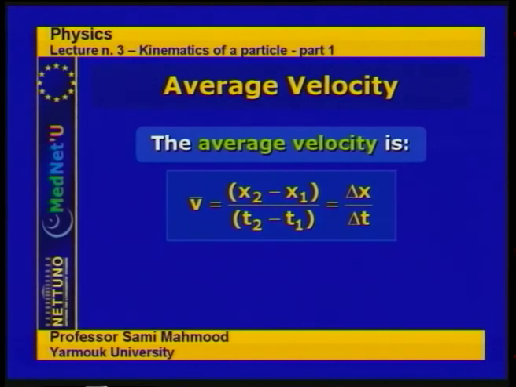This defines the average velocity, and as we notice, the average velocity is also a vector that involves direction as well as magnitude, because the displacement delta x is a vector and delta t is not a vector, it is a scalar. So the average velocity would be the product of the displacement and 1 over delta t.